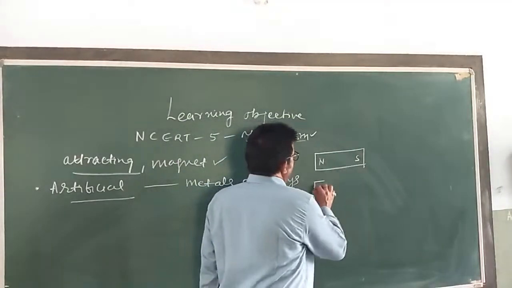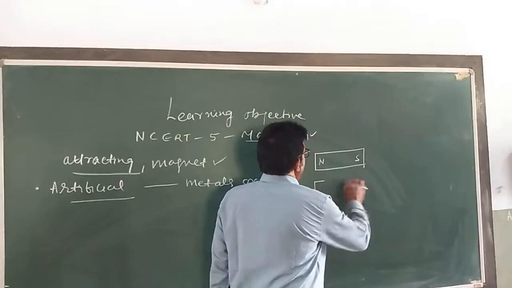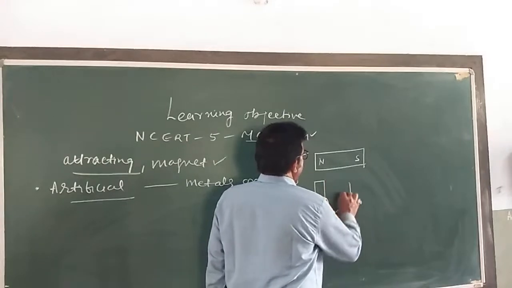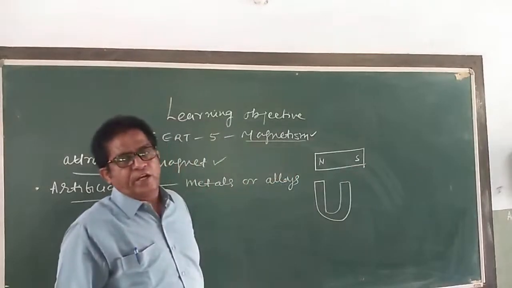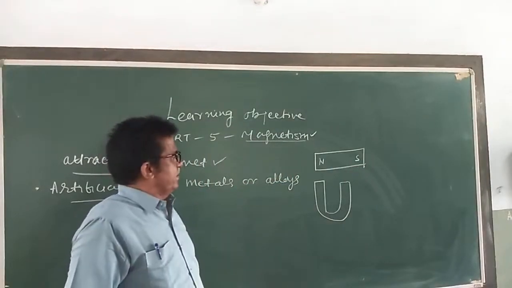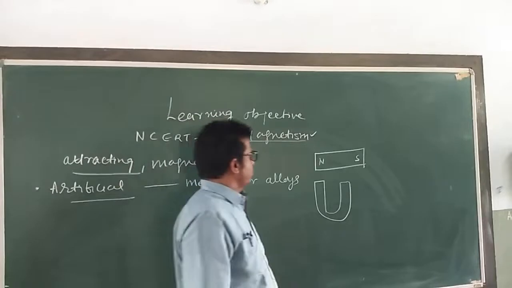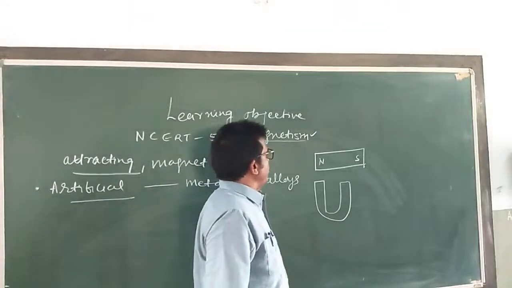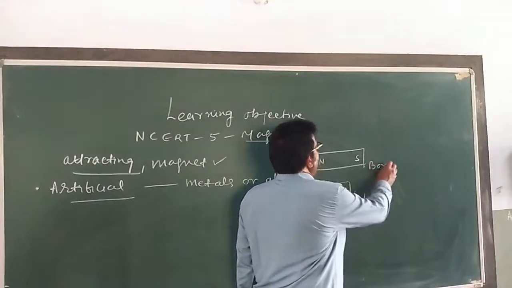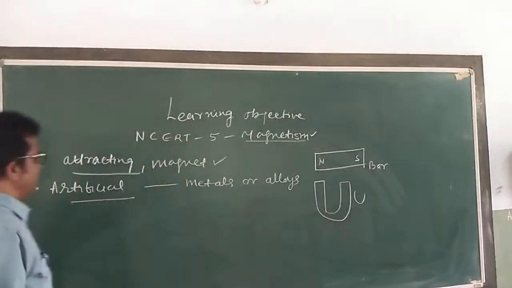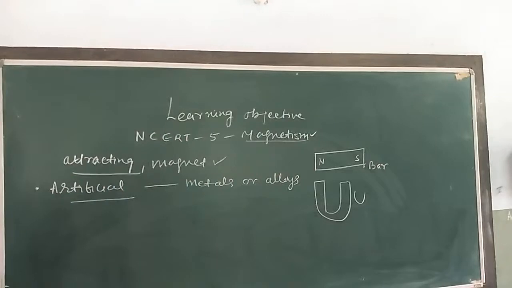And another kind is like this. So my dear children, this is a U-shaped magnet, and this is a bar magnet available in the market. What are the properties of a bar magnet?